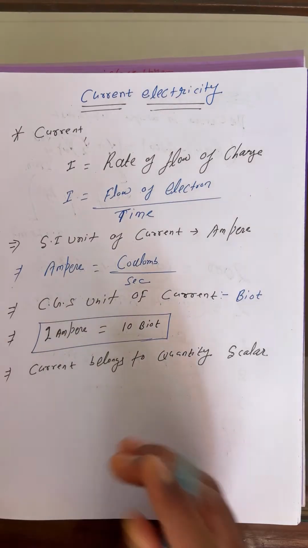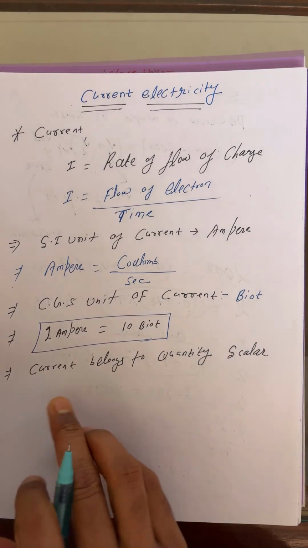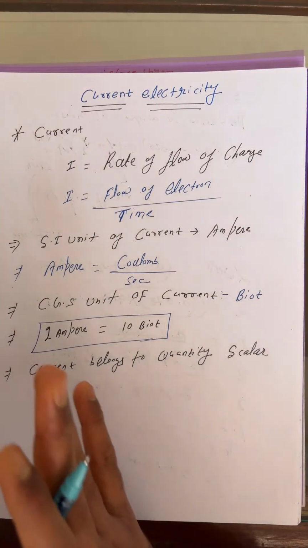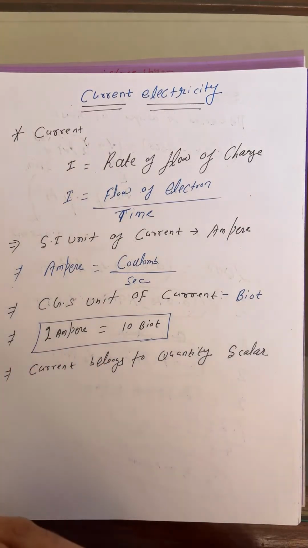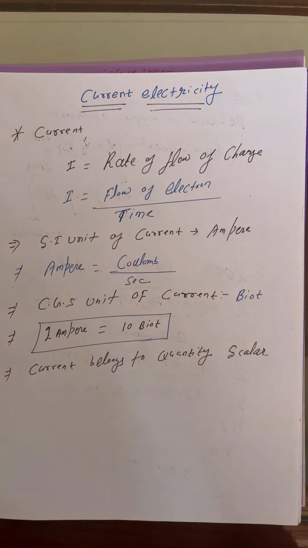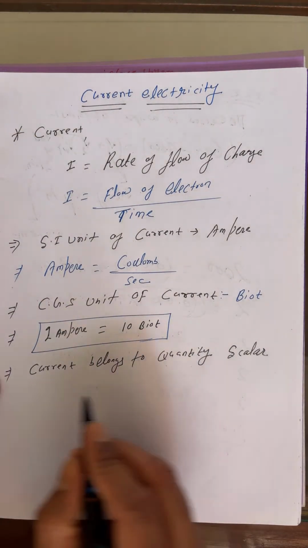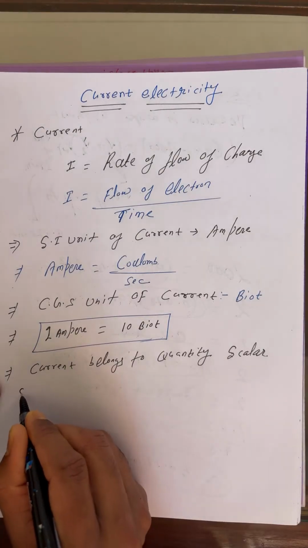Just ignore my relative data: I can also say current belongs to tensor quantities, but tensor is not mentioned in our syllabus. So what we have to consider is that current is a scalar quantity.